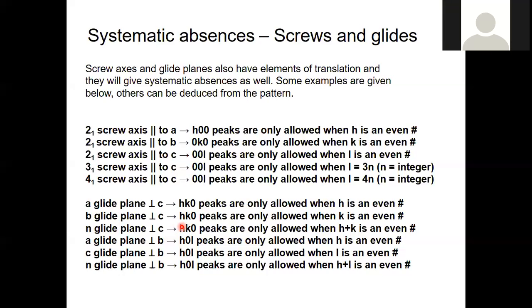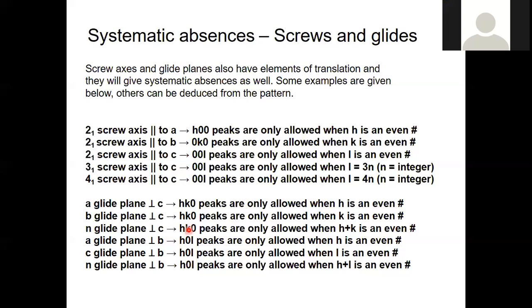So say a 220 where H is even, K is even, but they also add up to be an even number. Is it only an N glide plane or is it an A, B, and N? In A, B, and N.